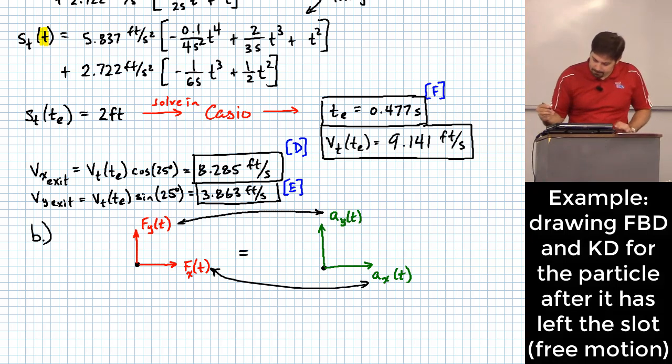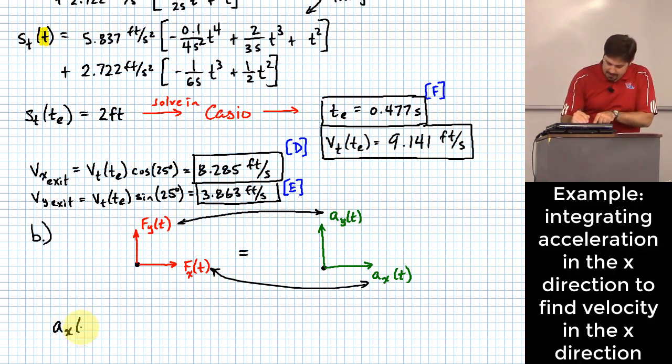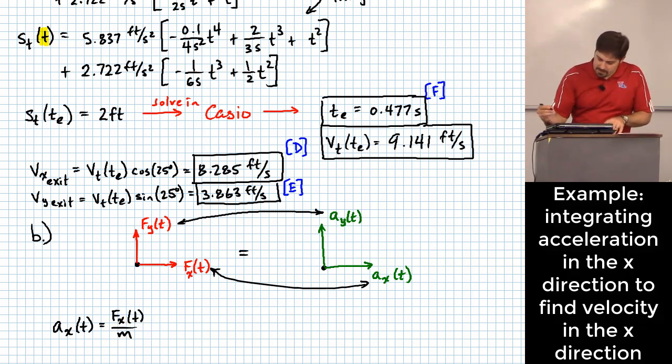All right, so let's start in the x direction. My acceleration as a function of t is again going to be equal to the force in the x direction as a function of t divided by the mass. This ends up giving me pounds force per, the mass was 0.1553 slugs.